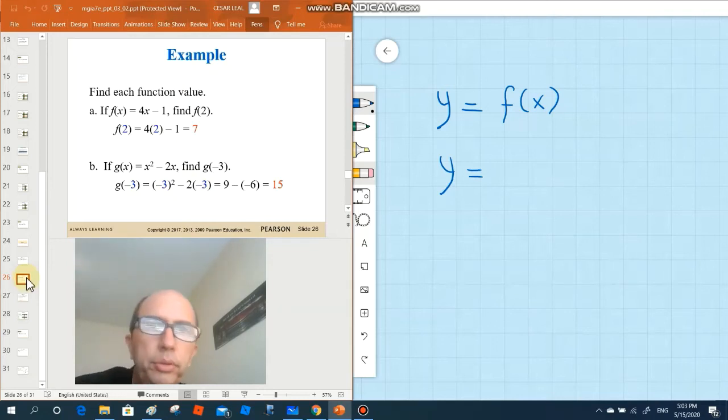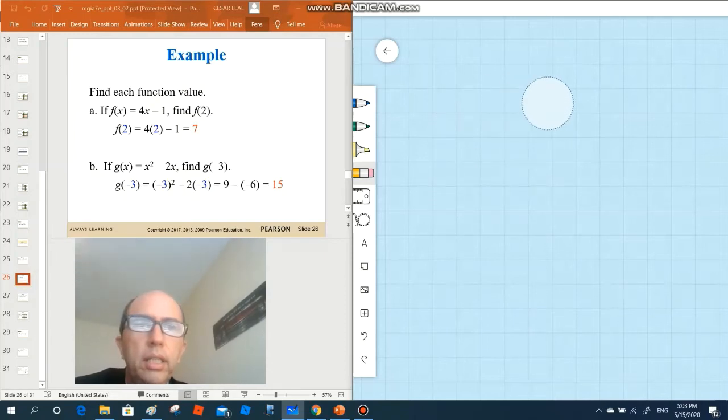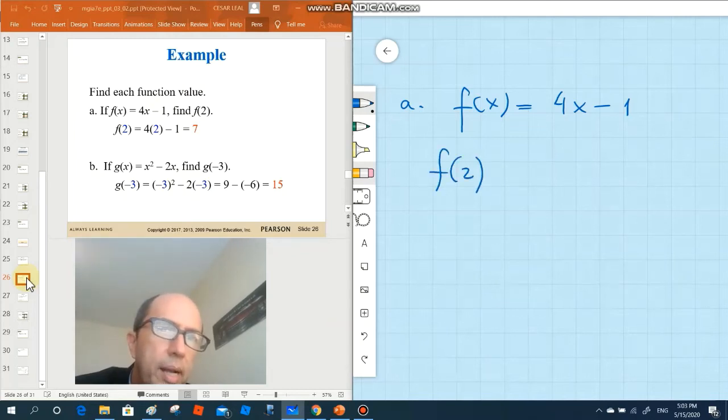Some examples. Find the function if f(x) equals 4x minus 1. Find f(2). That means the function of x equals 2.